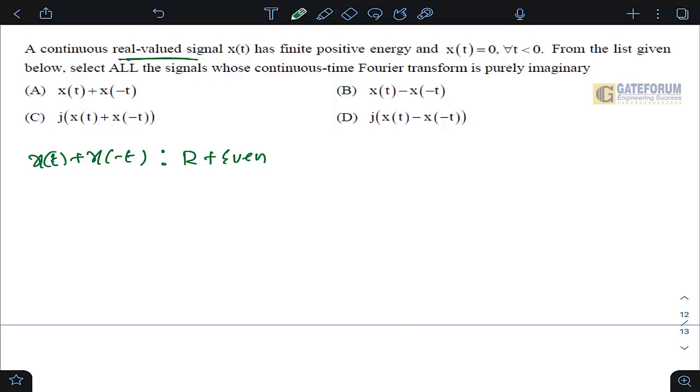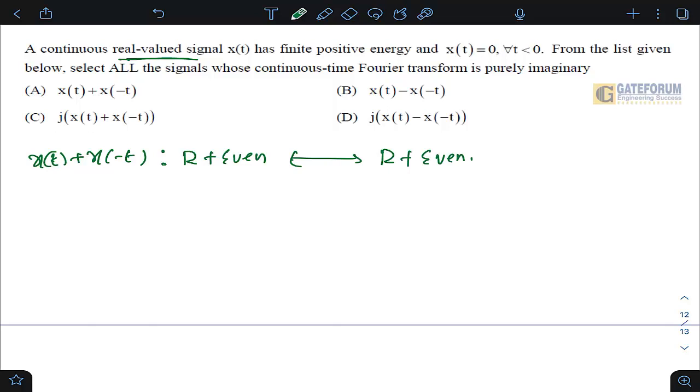X of t minus x of minus t always indicates an odd signal. So because the original signal is real and x of t is added with x of minus t, it is definitely even. A real and even function has a corresponding CTFT that is again real and even. This is a standard property.